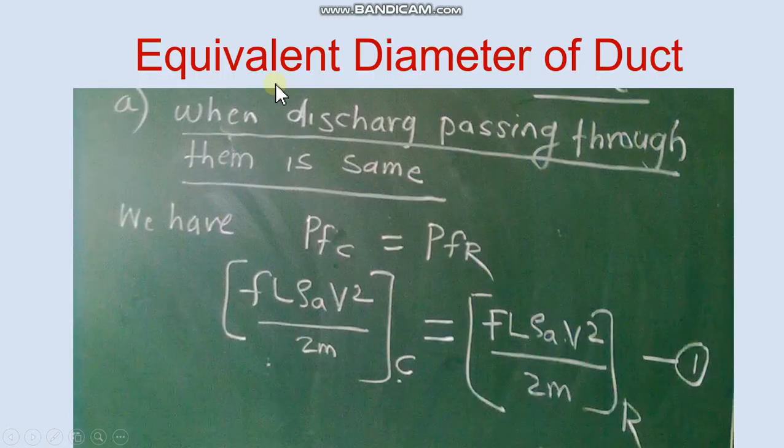Next, the equivalent diameter of a duct is one derivation formula we need. It has two cases. In the first case, the discharge passing through both ducts is the same. First we have the expression for PF for circular and rectangular duct.